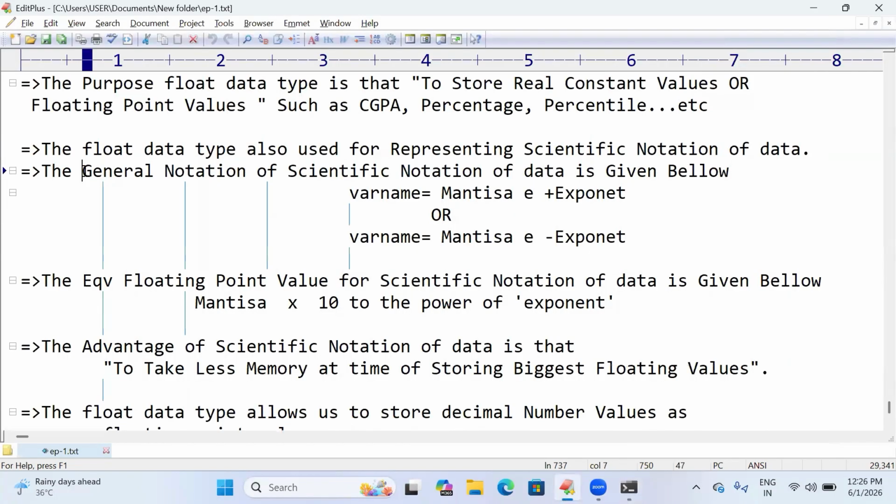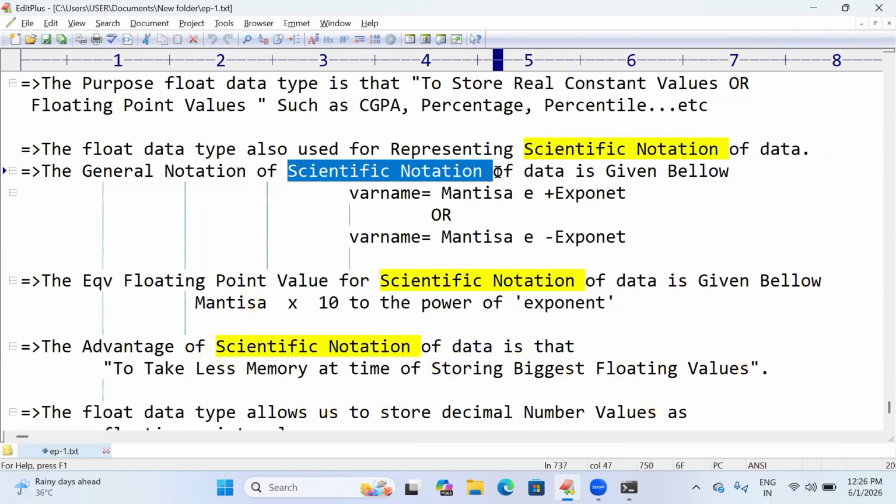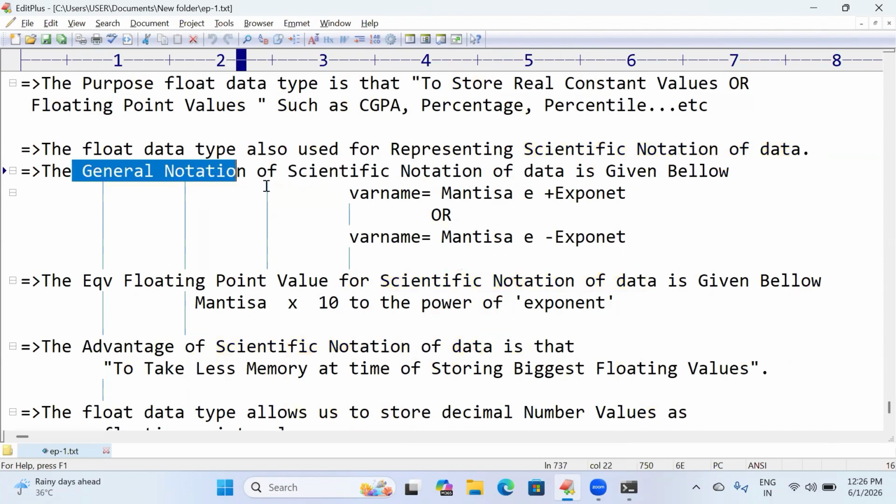The general notation of scientific notation of data is given below. It is represented as variable name equals mantissa into E plus exponent, or variable name equals mantissa into E minus exponent.